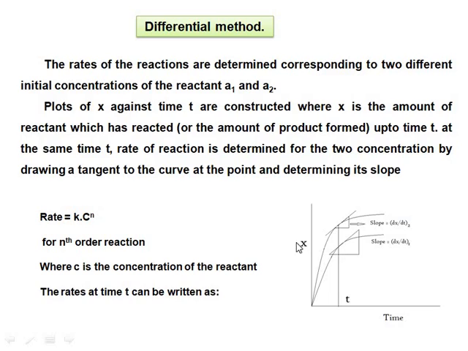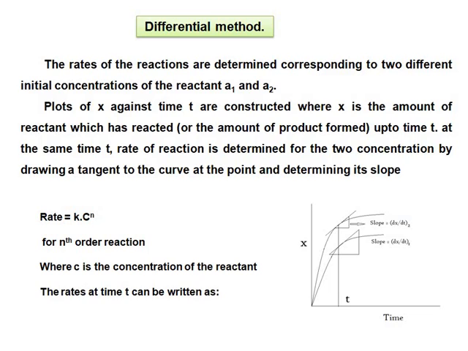So we plot this graph of x versus time t, and it will show the slope equal to dx by dt 2 and dx by dt 1. But you know that the rate equation is rate equal to k into c raised to n, where n is the order of reaction and c is the concentration of the reactants. x means how much reactant is converted to product, or how much product is obtained from the reactants.